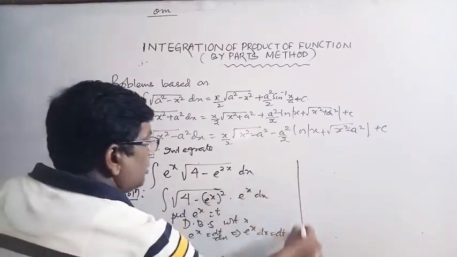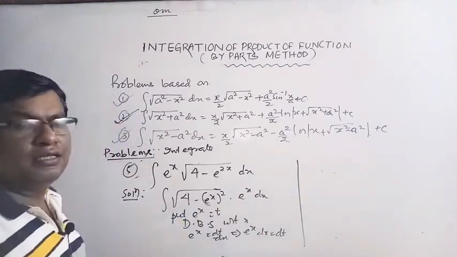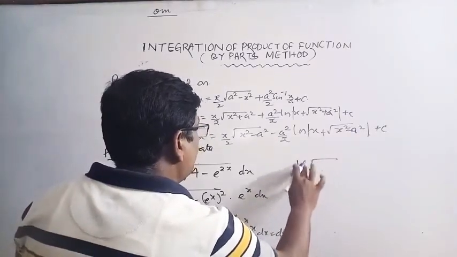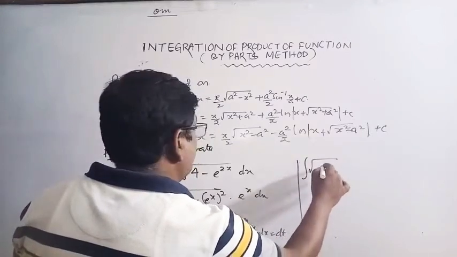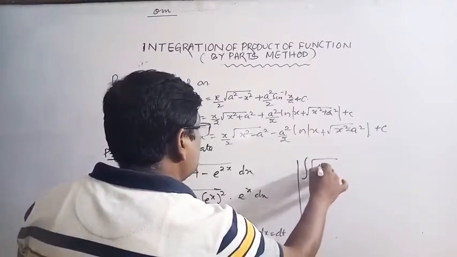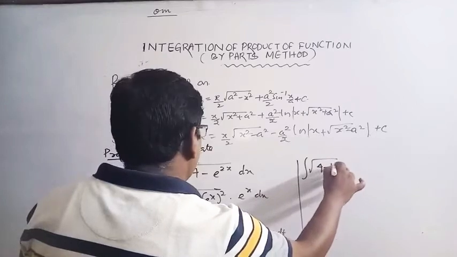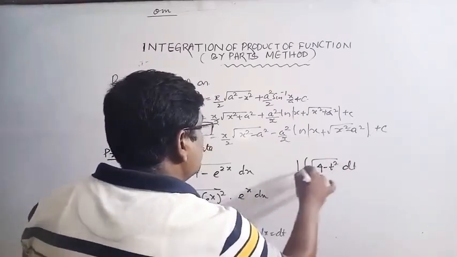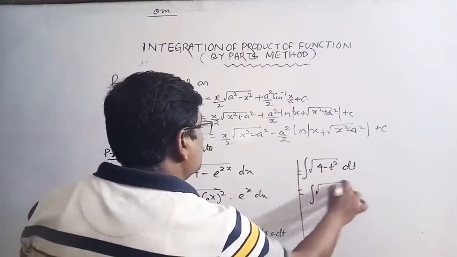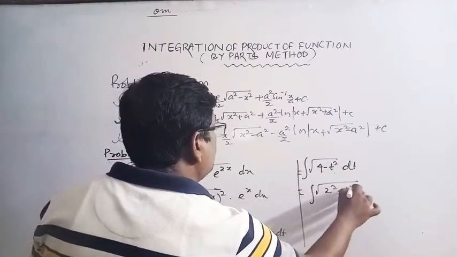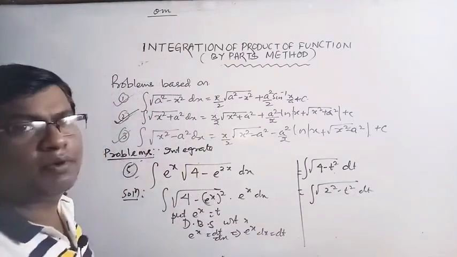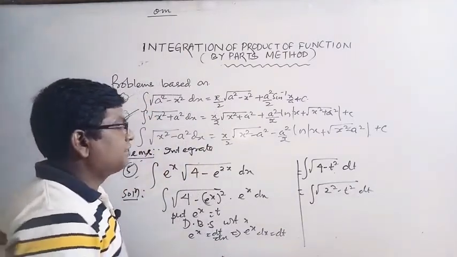So this is equal to integration of square root of 4 minus t square into dt, so this is 2 square minus t square dt. So apply the first formula, a square minus x square formula, in place of x here t.